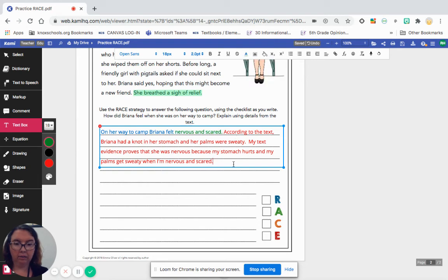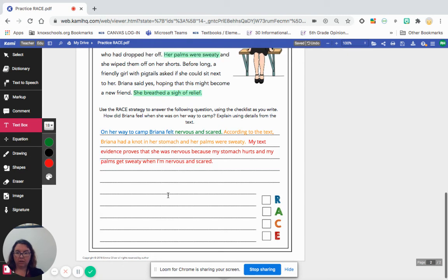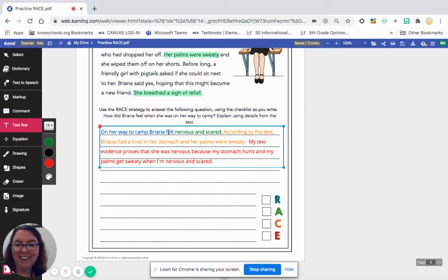Now I'm showing this is my R, this is my A, and then this whole sentence is my C, so it needs to be orange. And then my red is my E, and it's already red. So now it looks like a beautiful rainbow answer, and it's easy for my teacher to tell which part goes with which part.